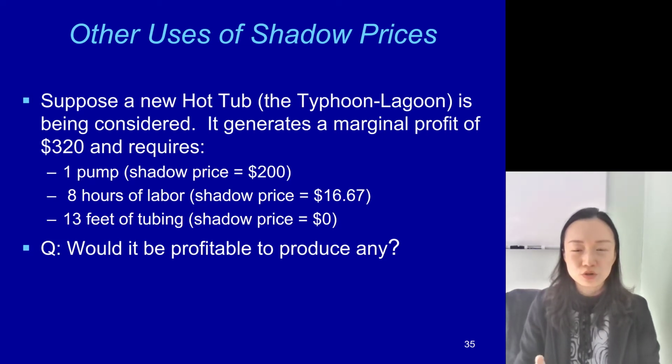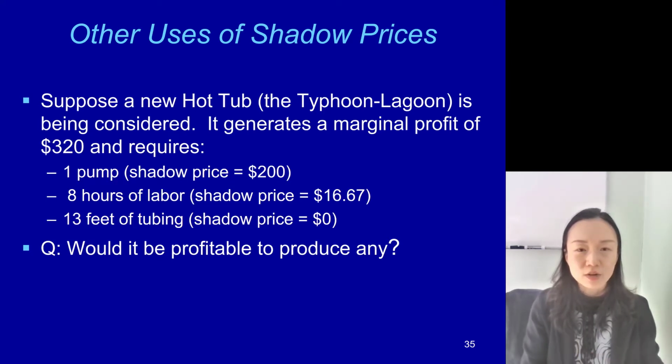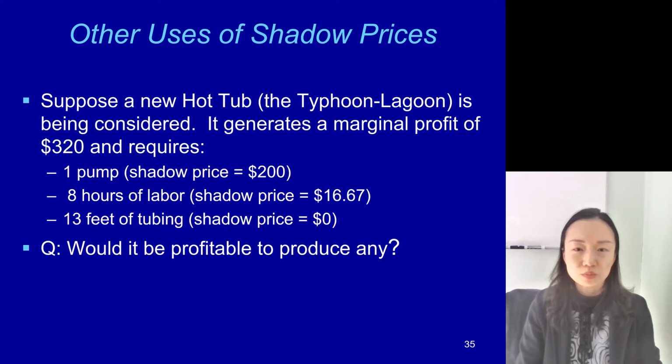So it's going to use some resources, right? And currently, we only have those resources available, and they are allocated to produce those two types, the EcoSpas and HydroLuxes. And we know how much total profit we're going to make using those available resources to produce those two types.